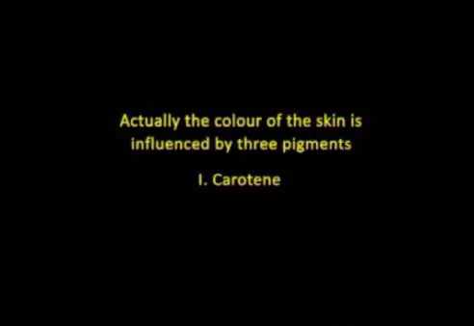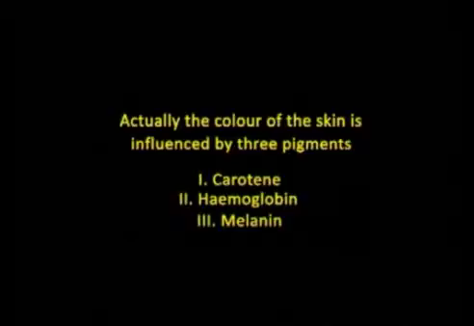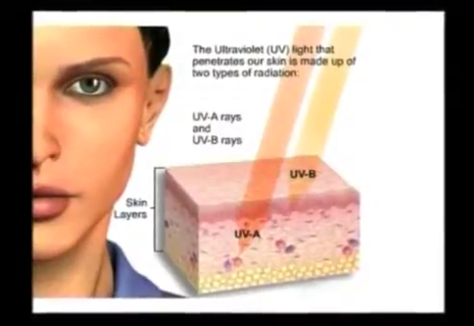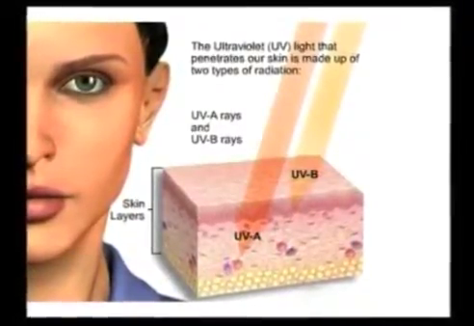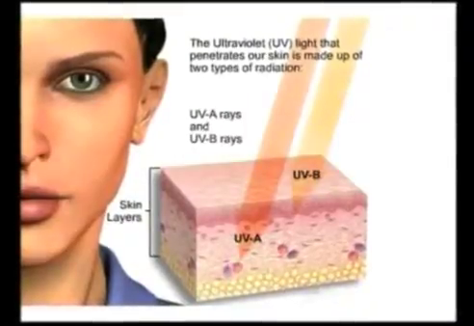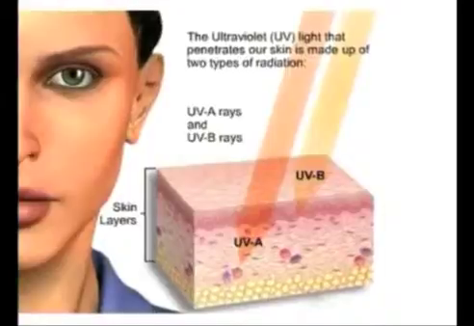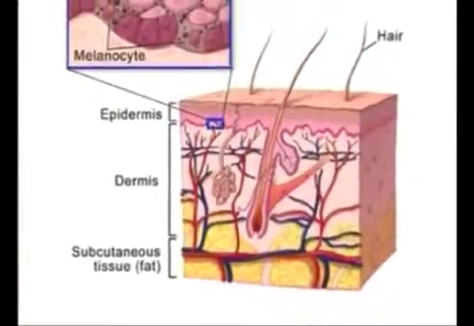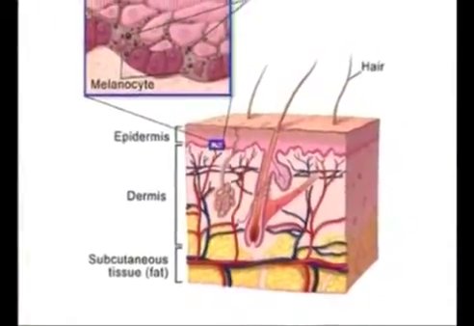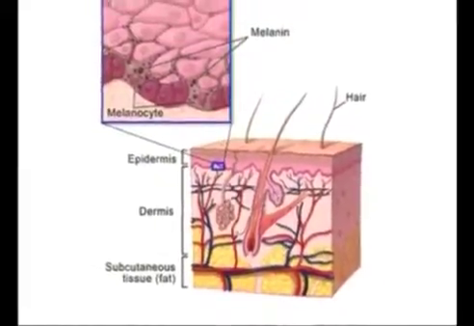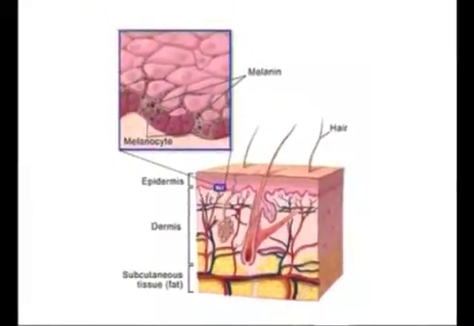They are hemoglobin, that is red in the blood cells, and melanin. Of these pigments, only melanin absorbs ultraviolet light, that is the end of the spectrum causing radiation. So only melanin can protect against the really harmful effect of solar radiation.